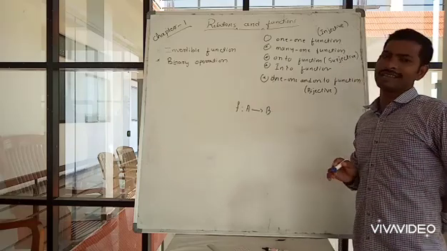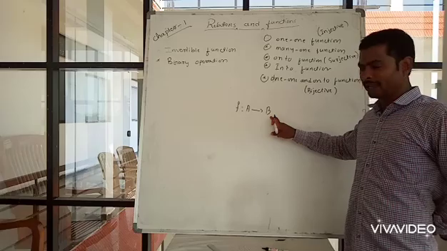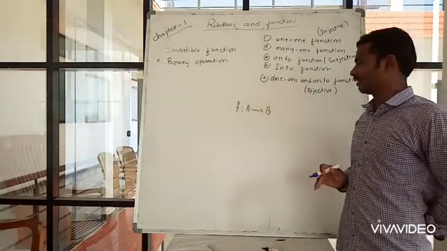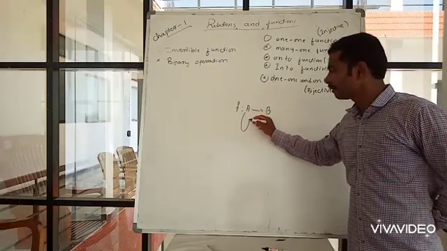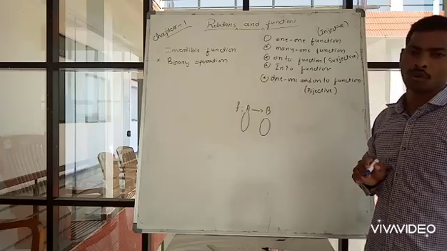One-one function means if you consider f, any function from the non-empty set A to the non-empty set B, this function from A to B is said to be one-one if the different elements in the domain have different images in the codomain.